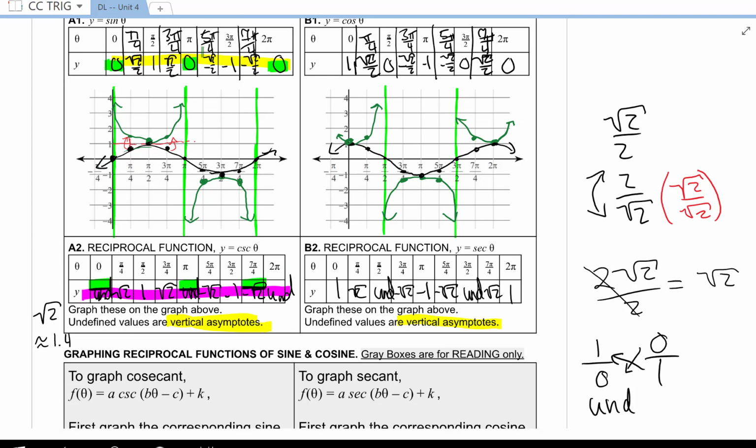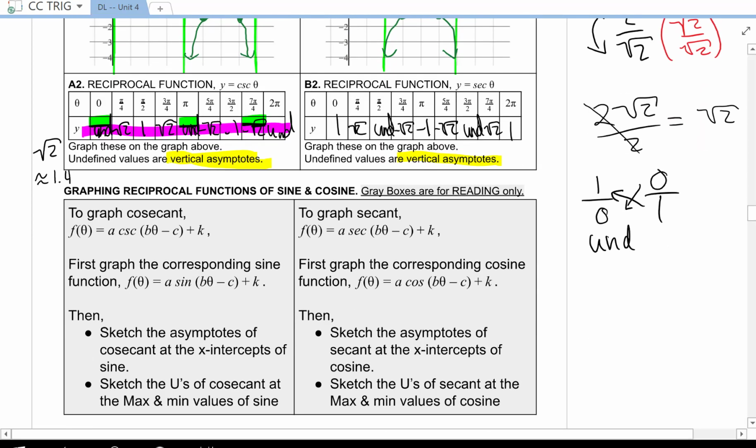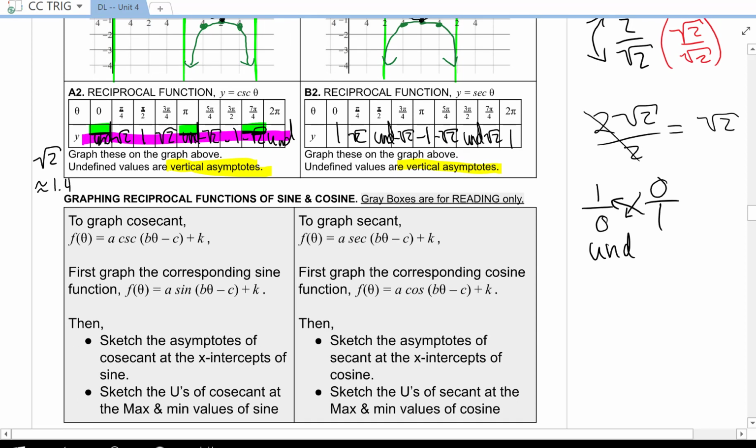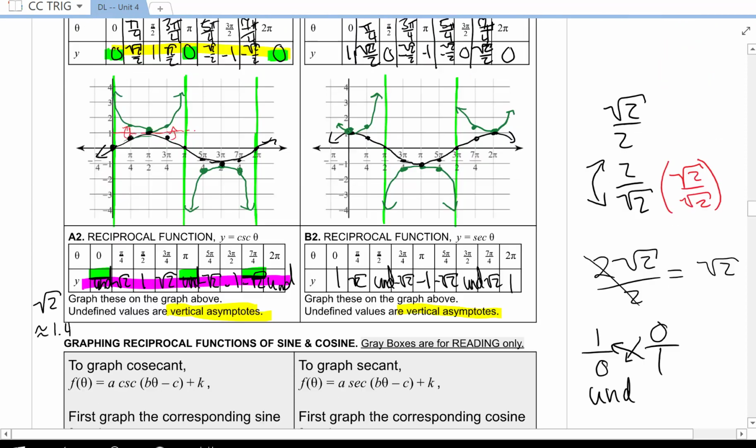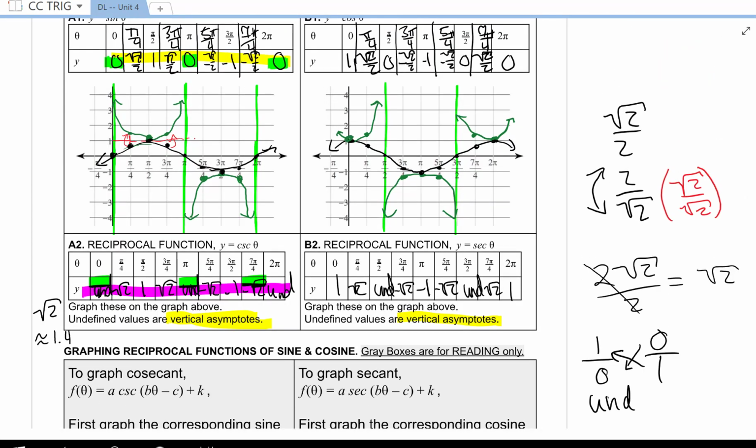And that's where our asymptotes were. And then you'll sketch the U's of cosecant at the maximum and minimum values of sine. So when you see a maximum value of sine, such as this one, you will have an upward facing U for cosecant. When you see a minimum, you will have a downward facing U.